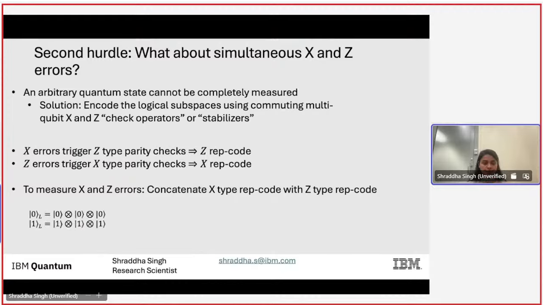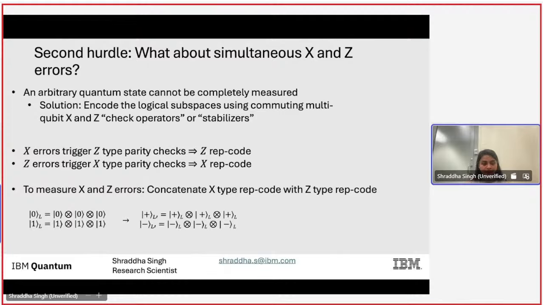You first encode your 0 logical and 1 logical as such. So this is the tensor product of 3 qubit states, 0, 0, 0 and 1, 1, 1, respectively, for 0 logical and 1 logical code states. Now you define the plus logical and minus logical states as follows.